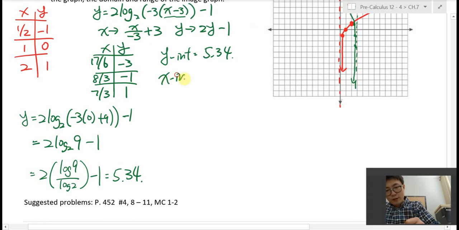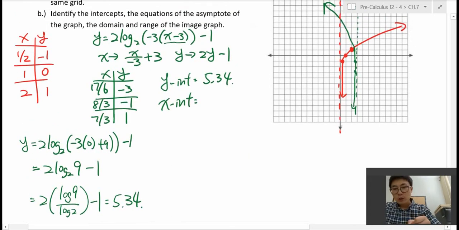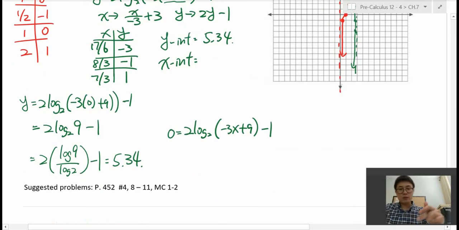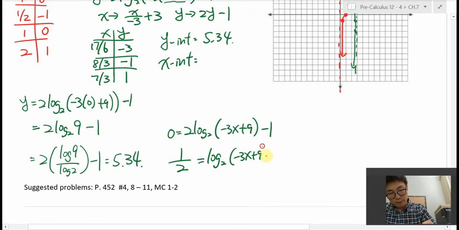Now for my x-intercept, that means I need to make y 0 and solve for x. So I have 0 equals 2 log base 2 of negative 3x plus 9, minus 1. Move the 1 to the left, so you get 1, and then divided by 2, so 1/2 is equal to log base 2 of negative 3x plus 9.